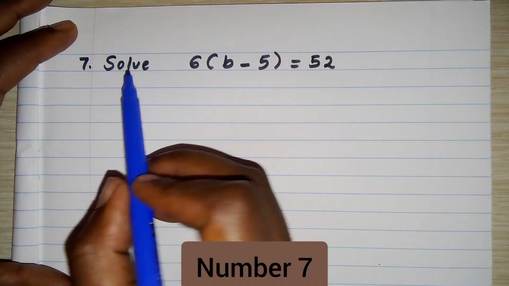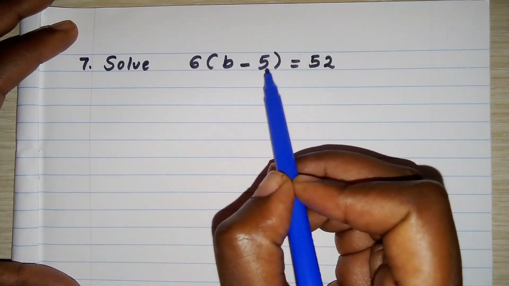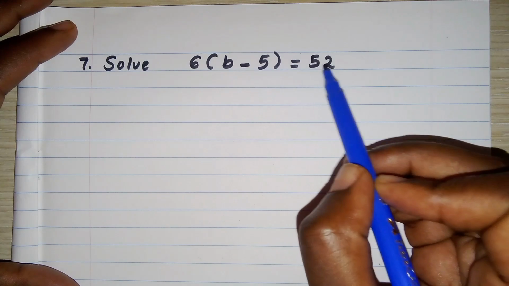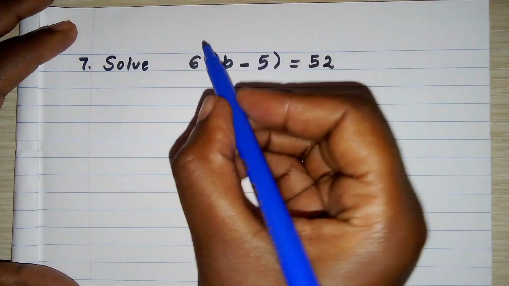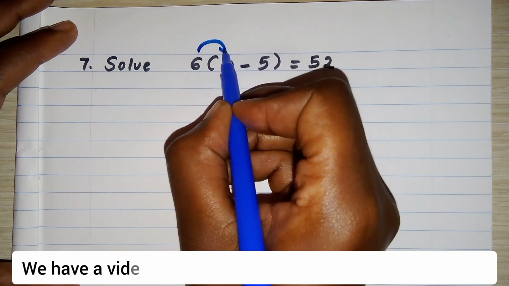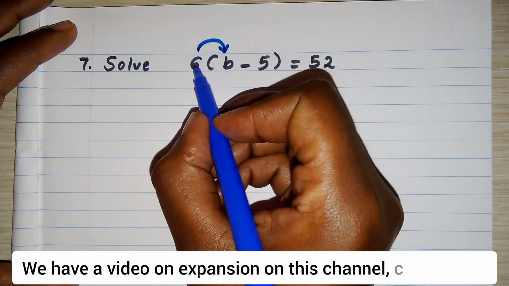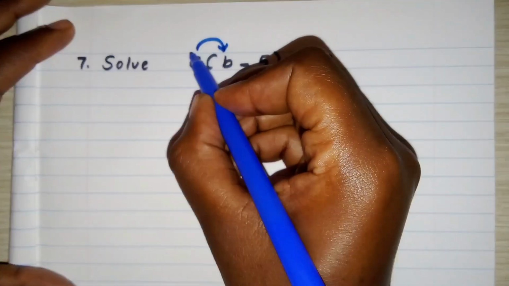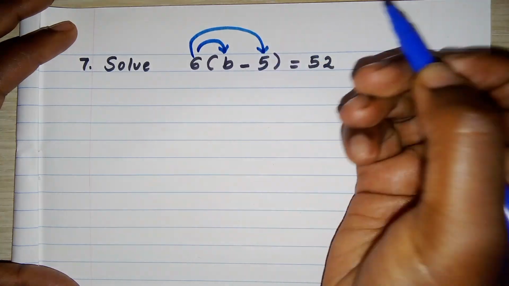Number 7, solve 6 into bracket b minus 5, close the bracket, equals to 52. So here we need to get rid of the bracket by expanding it, and we have a video on expansion. So we do 6 times b, and then we do 6 times negative 5.